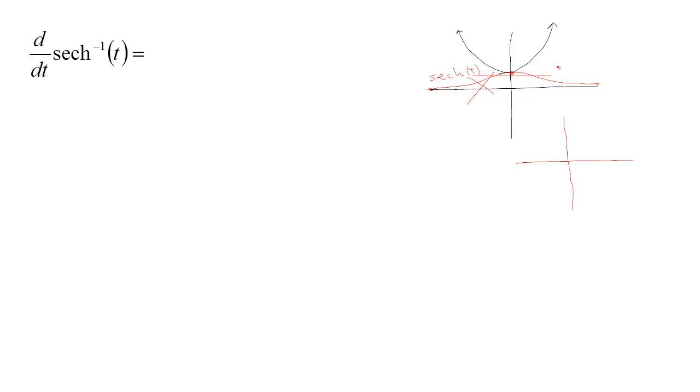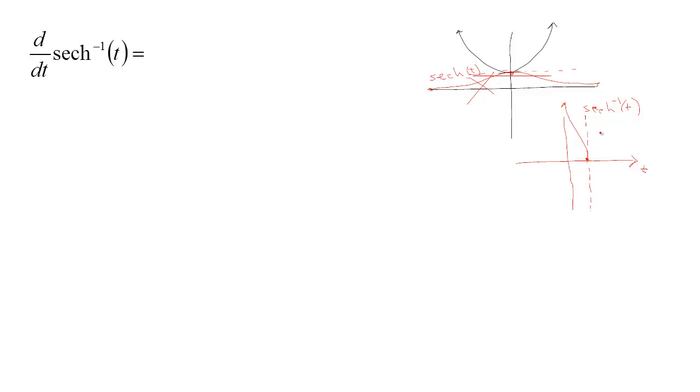If you flip this, we'll start here and then go up like this. So if this is t, then this is the graph of the secant inverse of t. Looks something like that.